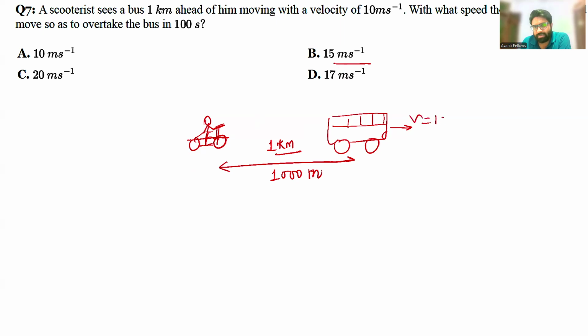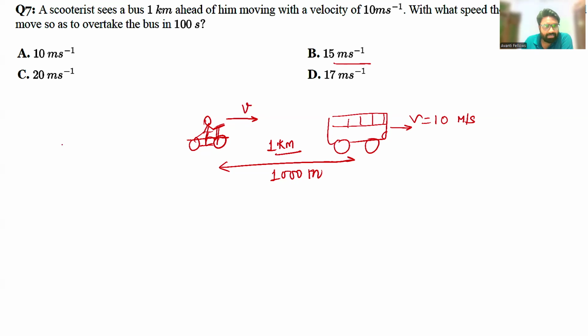It's very obvious that the scooterist should move in the direction the bus is moving, and let's say it is moving with an absolute velocity v.